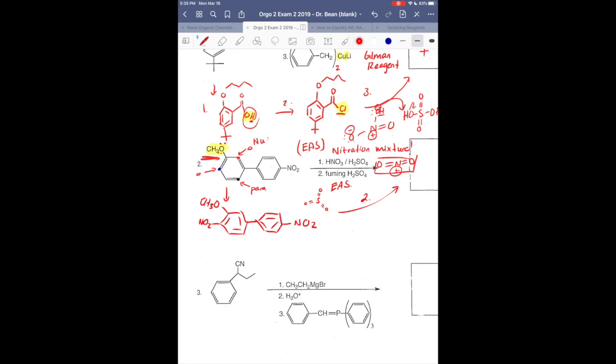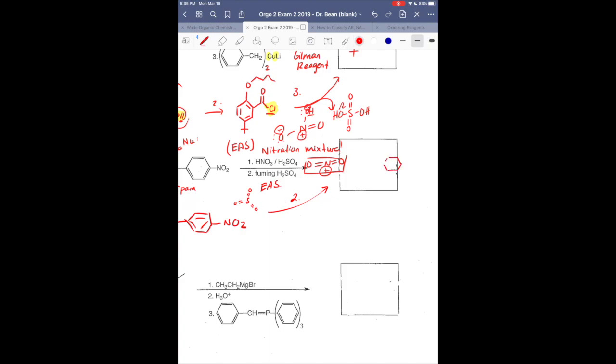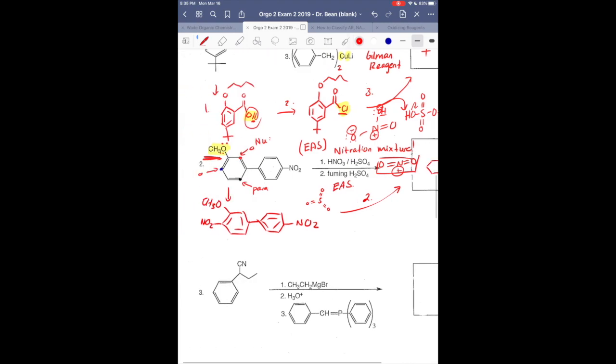Who thinks that the left one is going to react more than the right one? Like, which one do you think is going to react more? I'll put both of them in here.